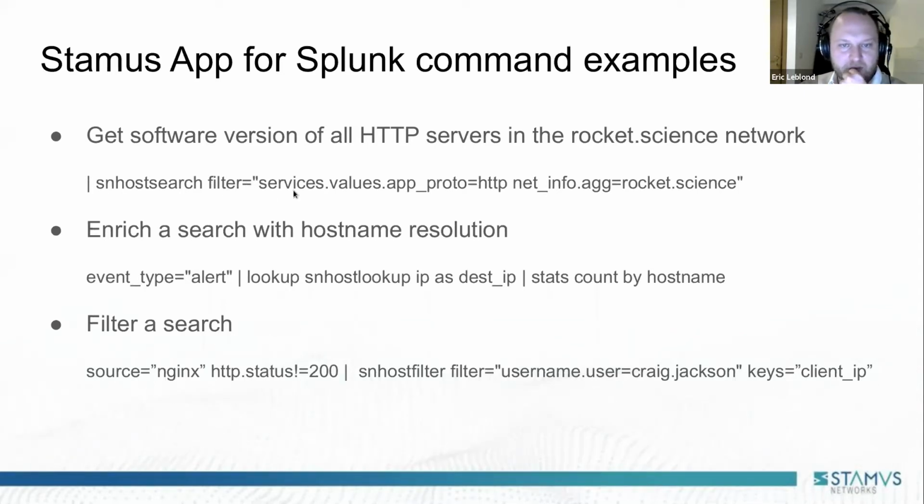So here we have a filter that says give me all the HTTP servers, in fact, because we ask for services where the application protocol is HTTP. And we add another constraint, which is I just want to see the servers inside the rocketscience network domain.